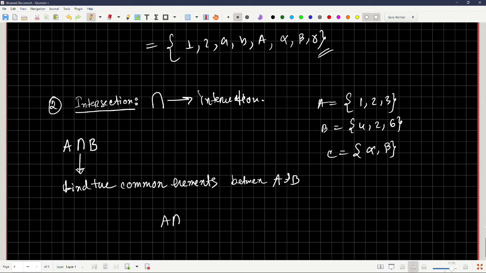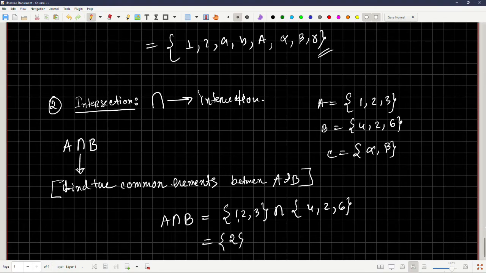Now if I ask what is A intersection B, you write 1, 2, 3 intersection with 4, 2, 6, and if you use the definition you can easily see this is just 2, right? This is the intersection.